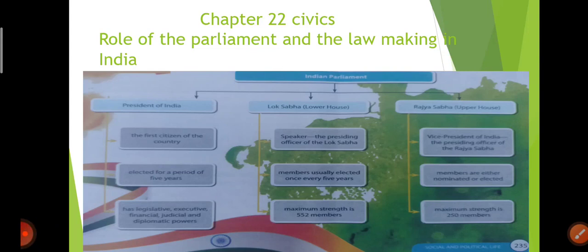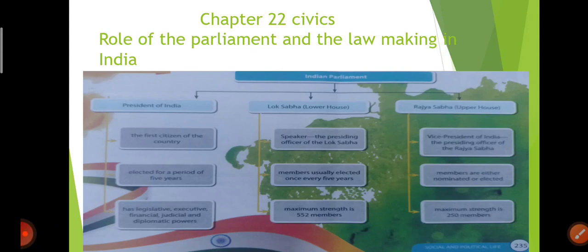Before India became independent in 1947, Indians had been forced to obey the laws imposed by the British government, in which they had little or no role in decision making. The leaders of the Indian freedom struggle wanted a system in which everyone would be treated equally and allowed to participate in the governance.